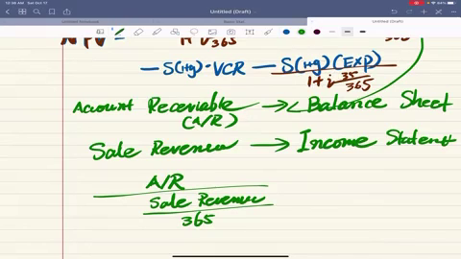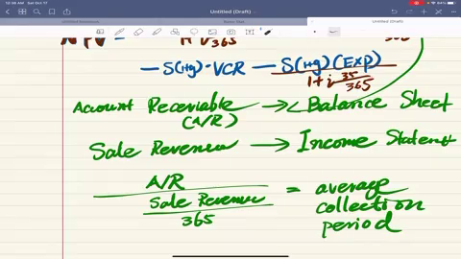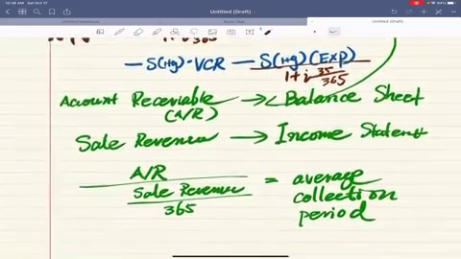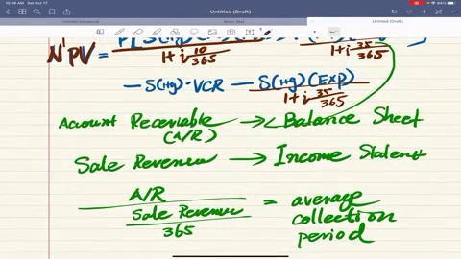The accounts receivable divided by the daily sales gives you the average collection period. So you get the 35 days here. Then you have a clear mind about all of this.